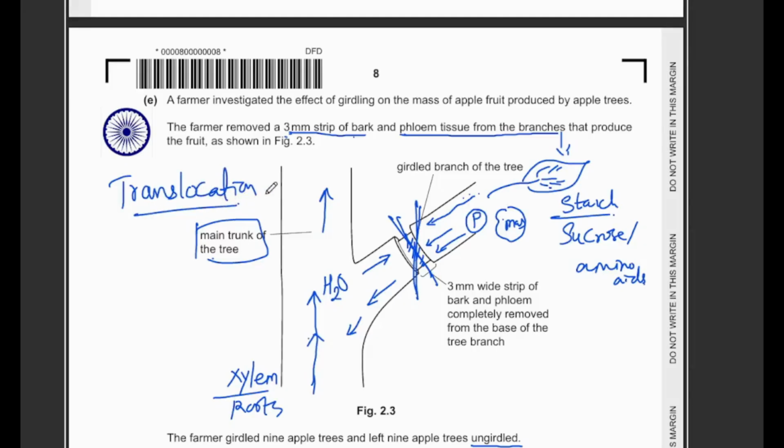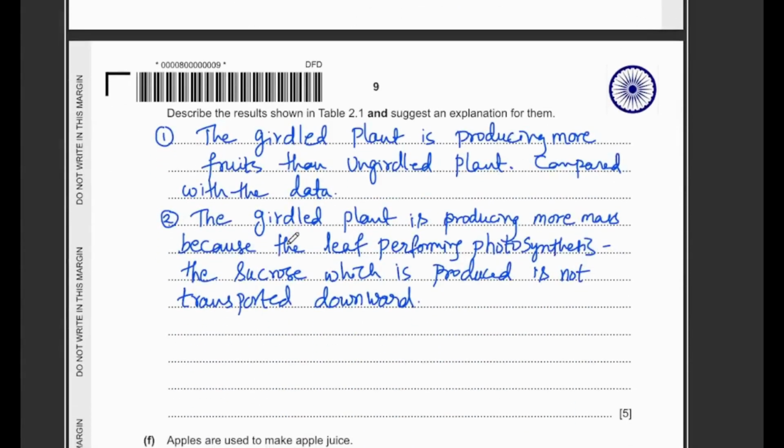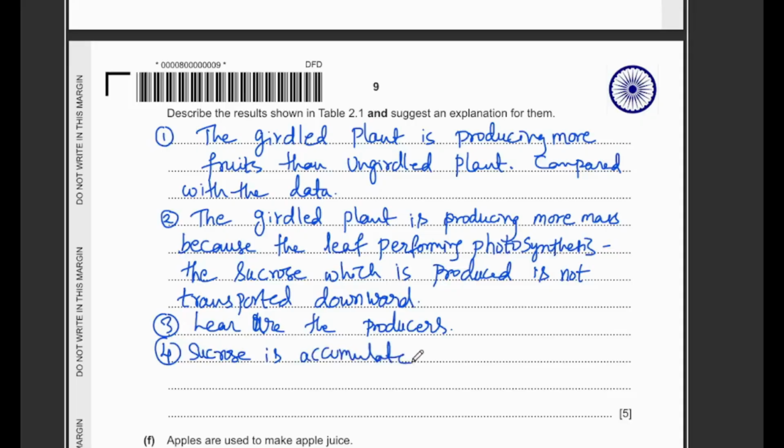Fine. Now moving to the third point, leaves are the producers. Fourth point, sucrose is accumulated in fruits.